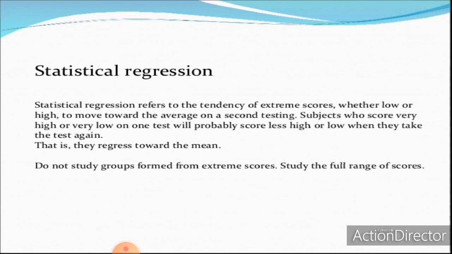That means when the researcher repeated the same test, the result is different. This is the problem of statistical regression. In other words, the effect of this variable occurs when test unit results move closer to the average score during the course of the experiment. So, do not study groups formed from extreme scores. Study the full range of scores.